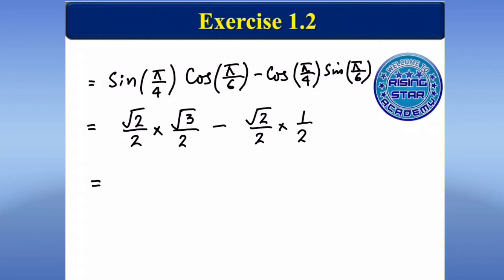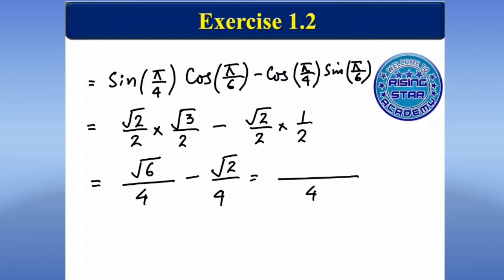In the next step, we will write 2 times 2 is 4 and square root 2 times square root 3 is square root 6, minus square root 2, by 4. Now LCM is 4. We have square root of 6 minus square root of 2 over 4. That would be our answer.